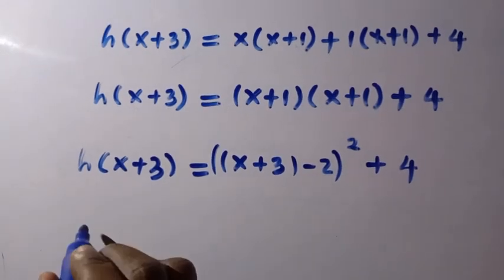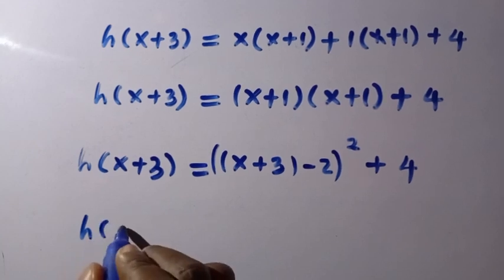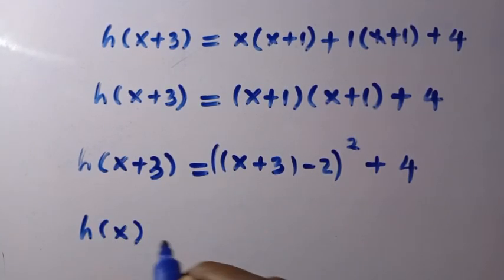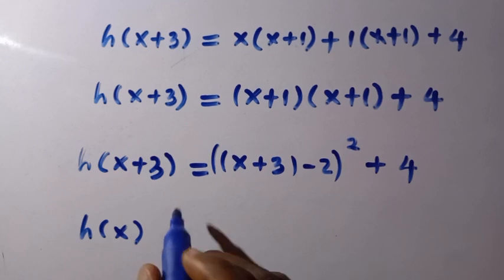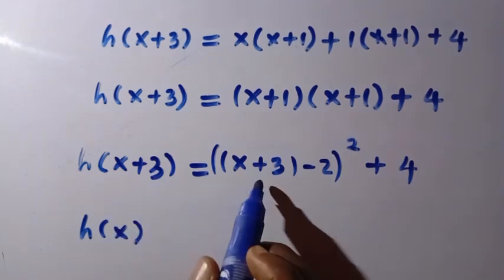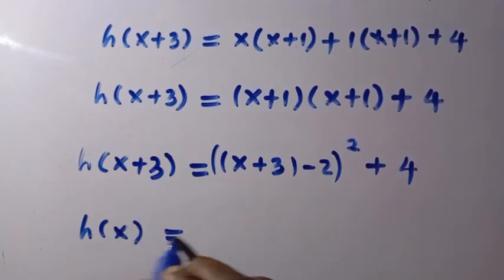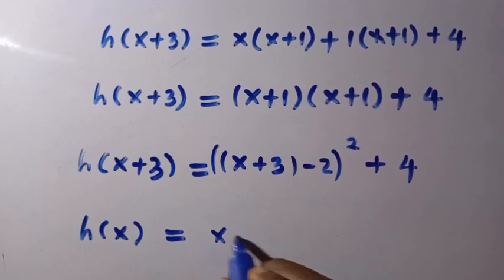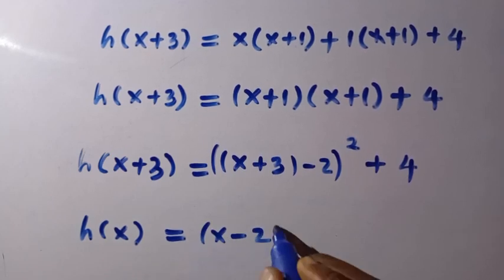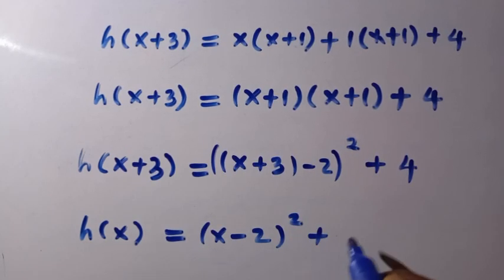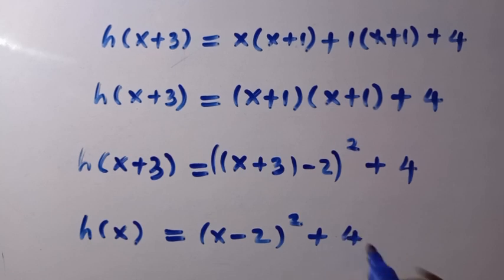After having this, here still remains h of x plus 3. We are going to replace it with x only, since we need h of x. So we have x plus 3 here, x plus 3 here, and we have replaced it with x. Definitely this one will also have the effect of x minus 2 raised to the power of 2, plus 4.